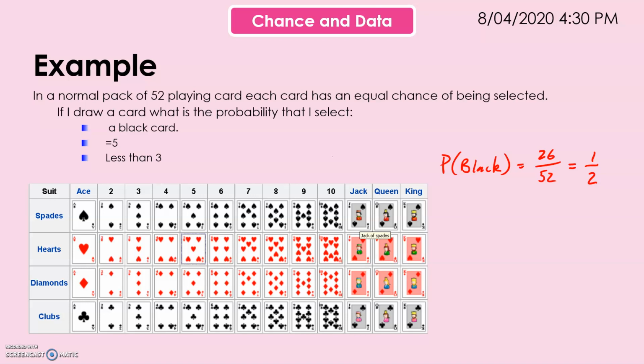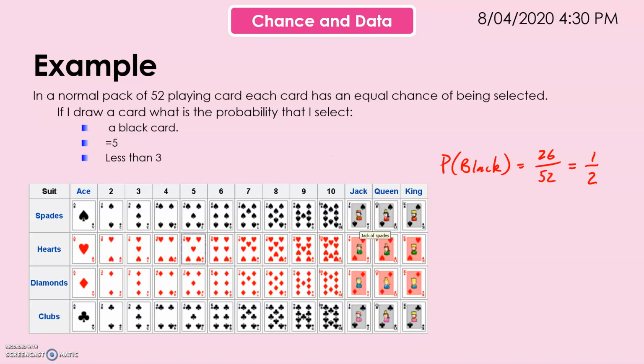But you can simplify 26 over 52 as a half. That also works with the probability, because for a black card, there are 2 possible colours, either red or black, and black's one of them. So the simplification is just showing you the difference between the suit and looking at the colours.